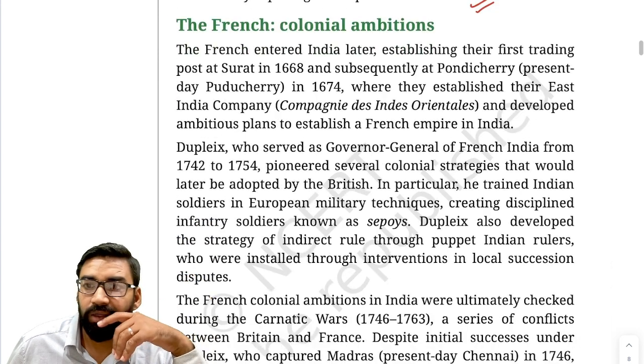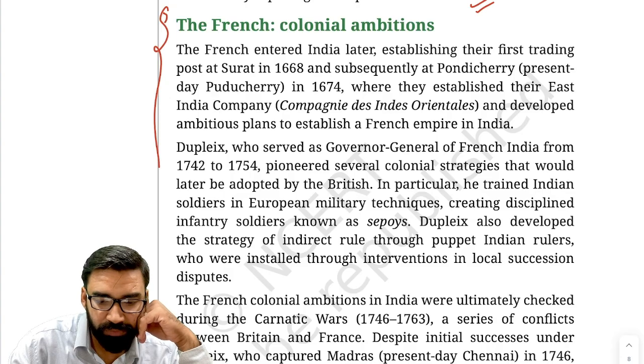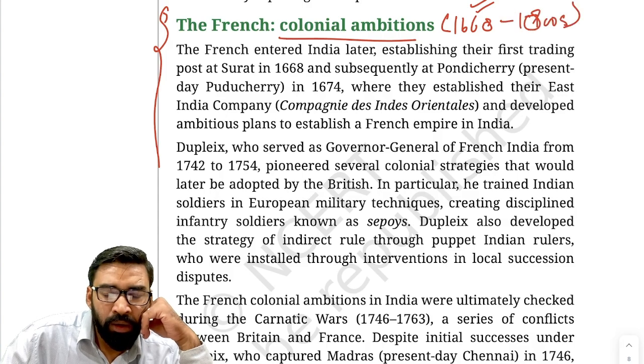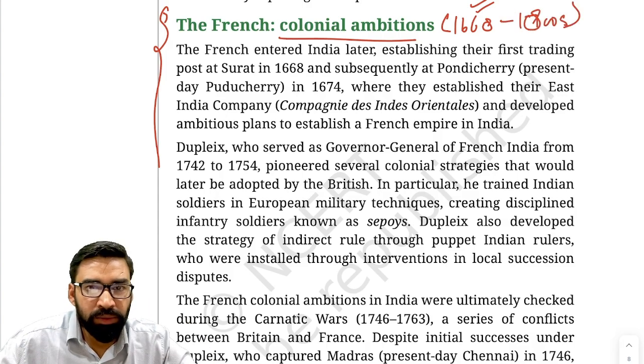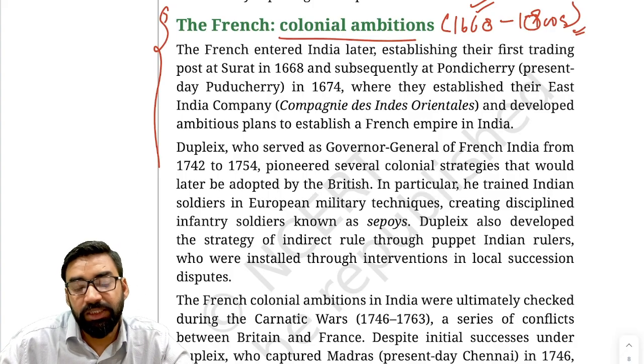Clear? Okay. Now, next important European power which came, French. Now we'll talk about French and their colonial ambitions. Their timeline is 1668 to 1800. Clear? Now, first of all, we need to understand the establishment.